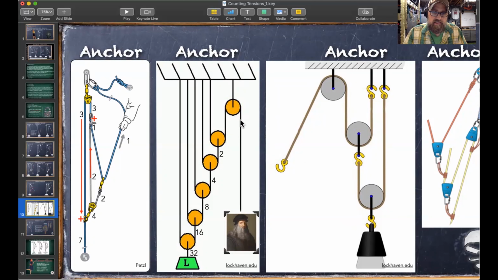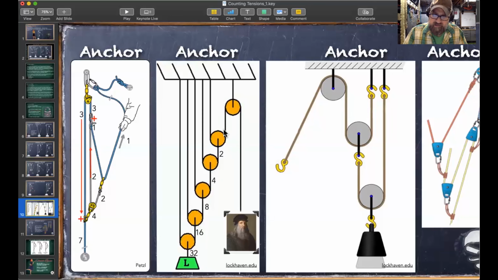What's interesting about this is we can follow this through. So this is obviously our haul line here. One comes in, one comes out. I've got 2 on this anchor point. One is continuing down, one comes in, one comes out, and then it terminates. So this is actually terminated with just 1. I've got 2 over here, 1 over here. We won't worry about the anchor too much on this one, just figure out the MA.